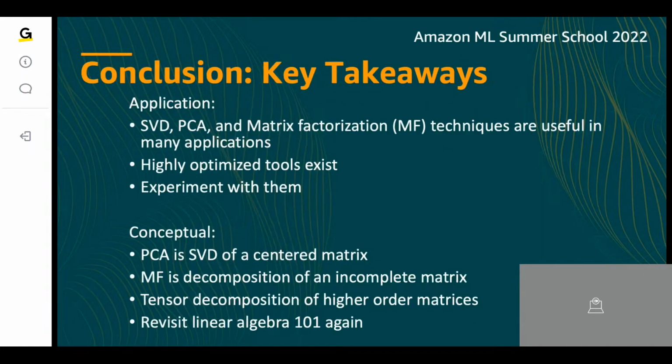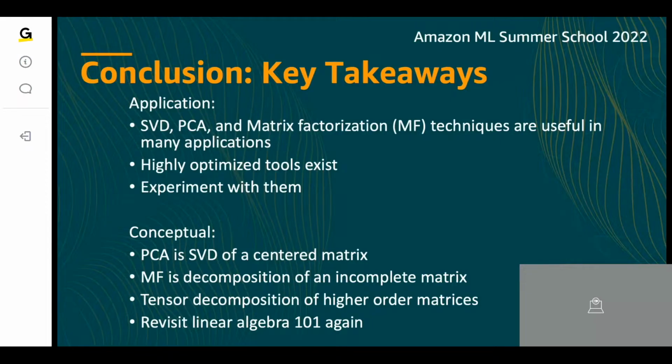So overall, in conclusion, in this module we talked about singular value decomposition, PCA, and matrix factorization techniques. We talked about non-negative matrix factorization. We saw some examples of where these can be useful.